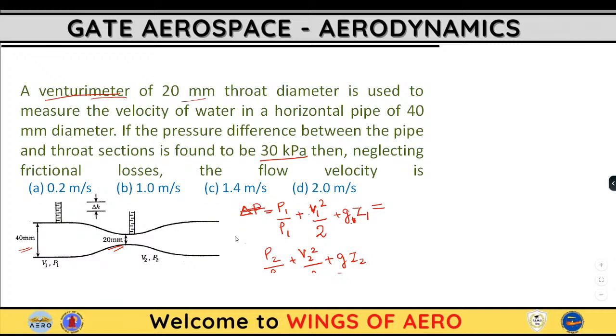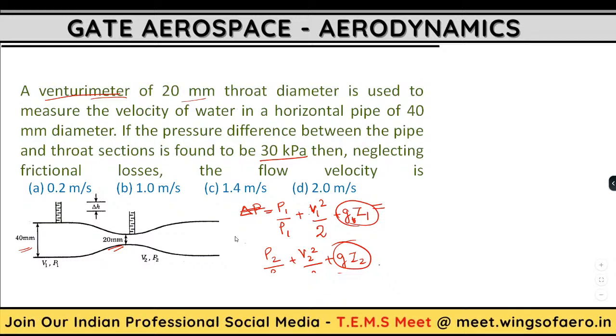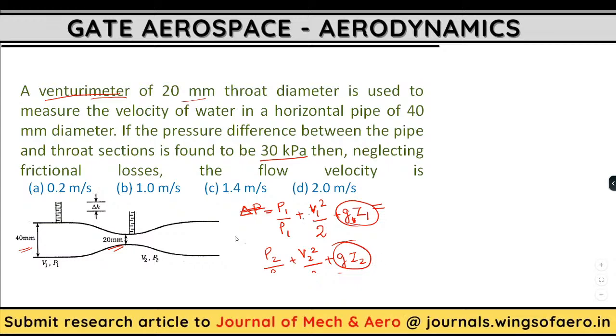So what is Z1 and Z2? How can you find Z1 and Z2? Z1 and Z2 are the datum heights.